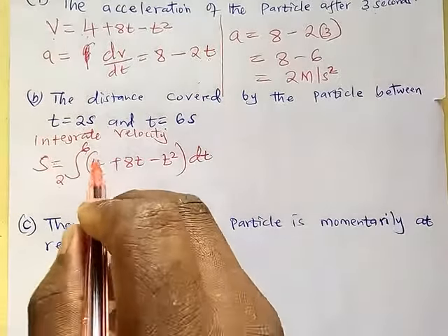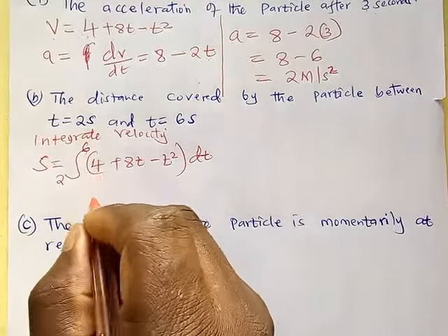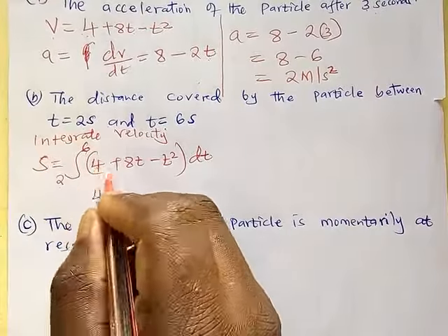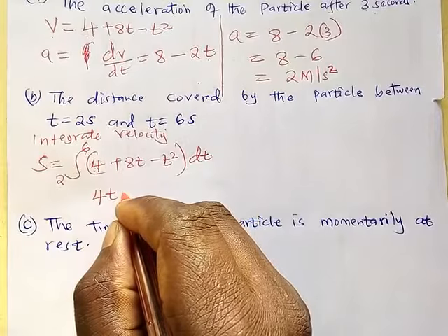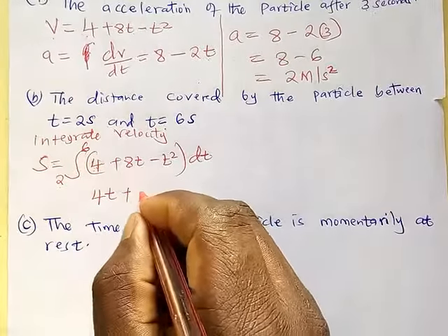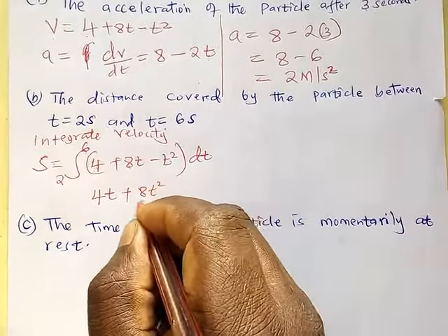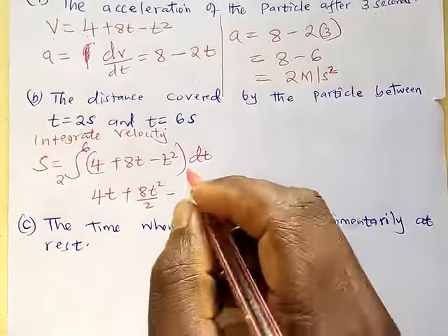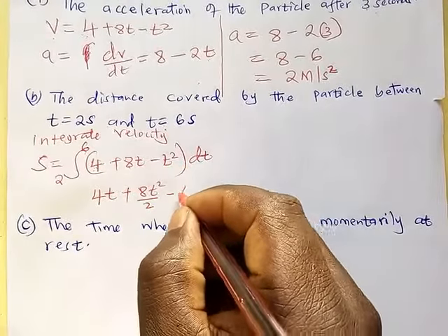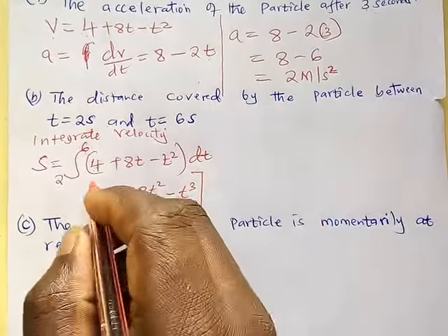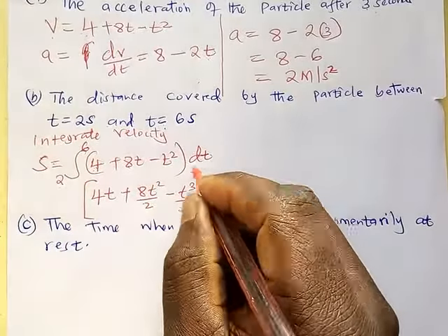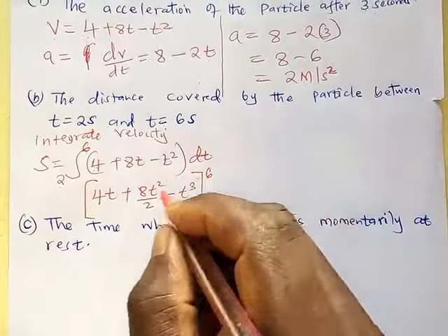So let us integrate this one. So we will have 4t plus 8t square divided by 2 minus t cube divided by 3. Our limit, the upper limit is 6, the lower limit is 2.